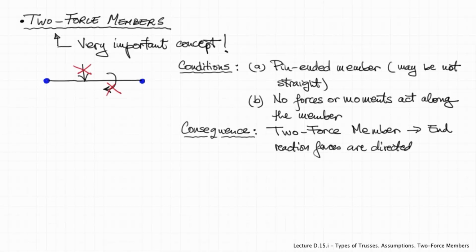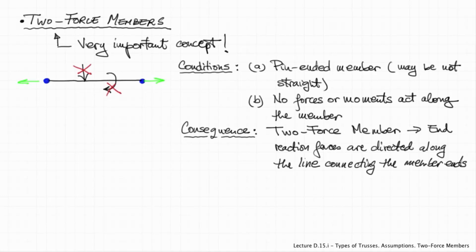And a two-force member is characterized by the fact that the end reaction forces will be directed along the line connecting the member ends, the pins at the end of the member. In other words, for a straight member, this would be the longitudinal line of the member itself.